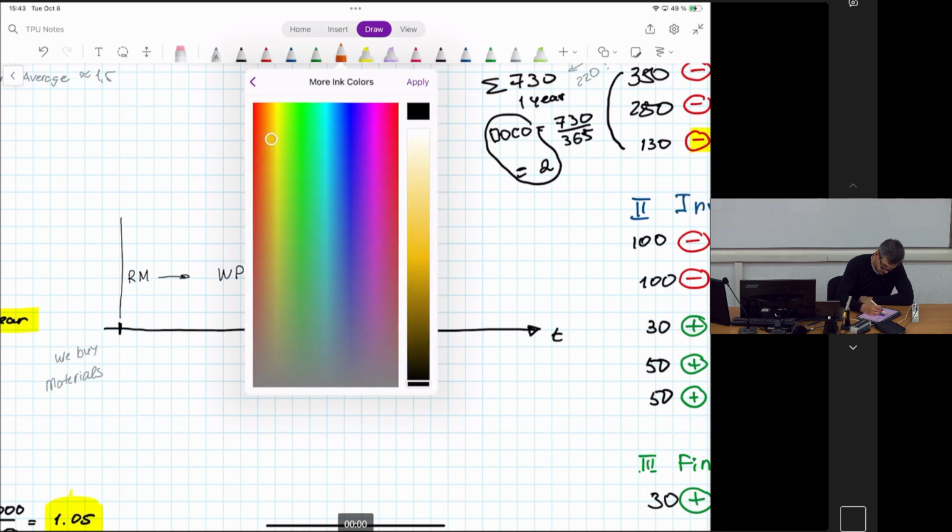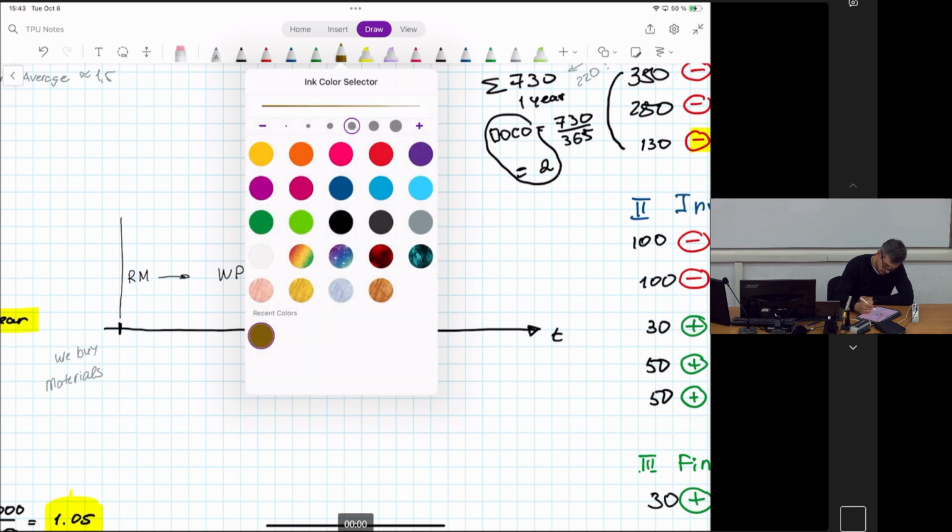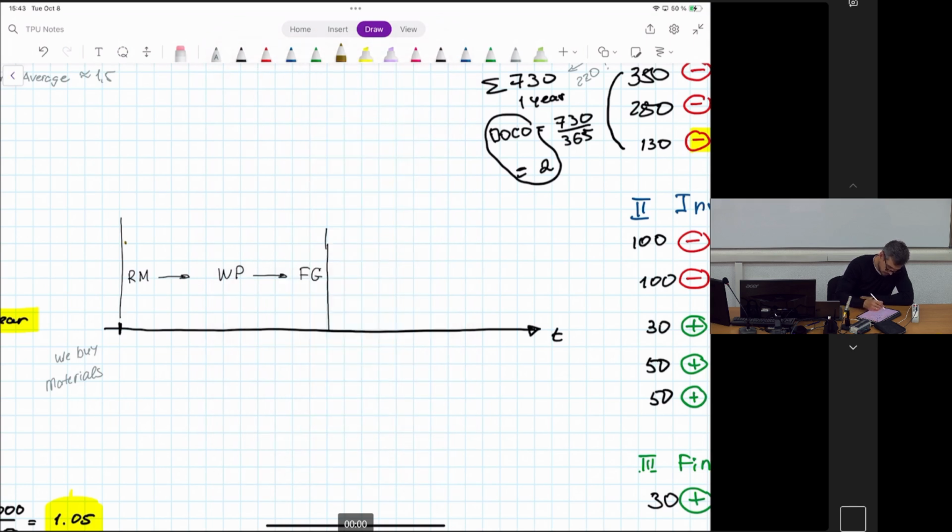Let's use some production, more like, yeah, like this. So let's say this is our production cycle. So a certain amount of time.